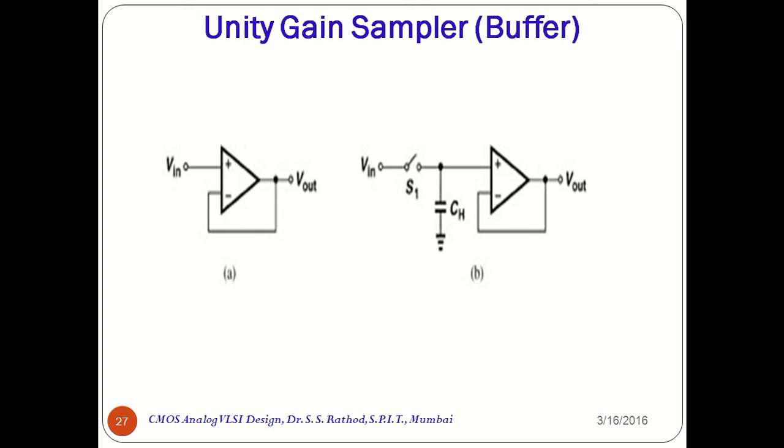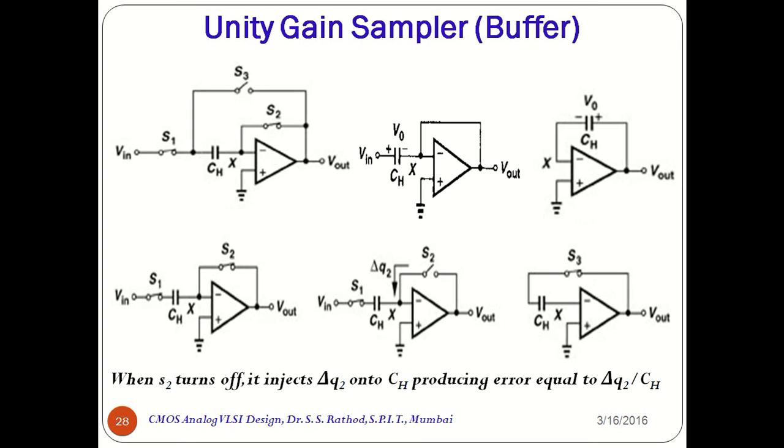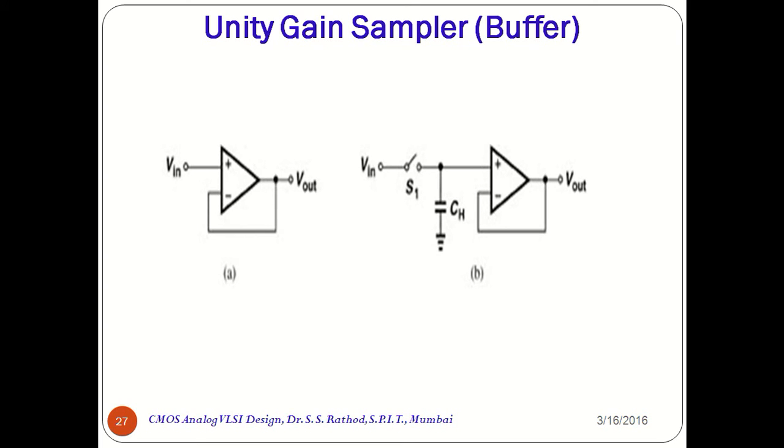So the right-hand side circuit is the sample and hold circuit, or a sampling circuit followed by a unity gain buffer. For this earlier circuit, the input-dependent charge injected by S1 onto capacitor CH limits the accuracy.